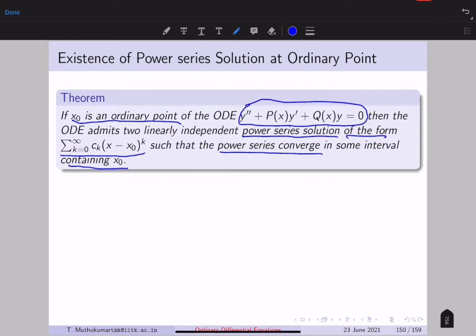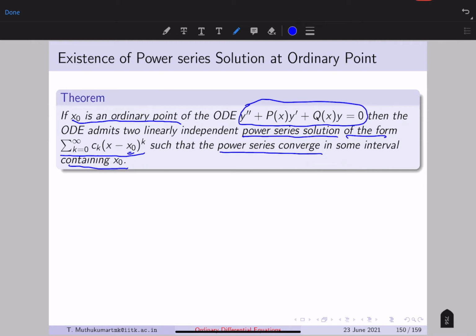And this power series is about x0, centered at x0, right? So this theorem tells you the existence of two linearly independent power series solutions, and they converge in some neighborhood of x0 or in some interval.